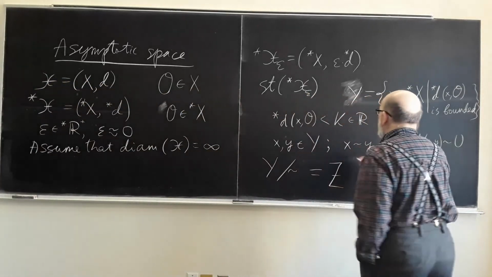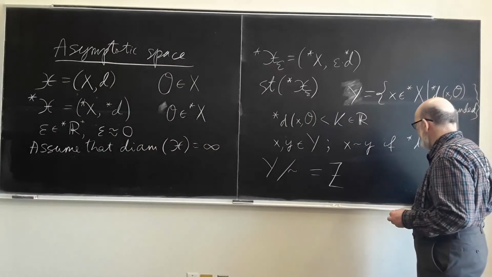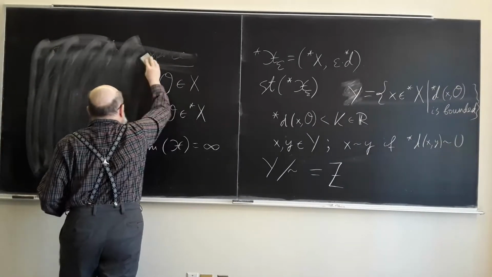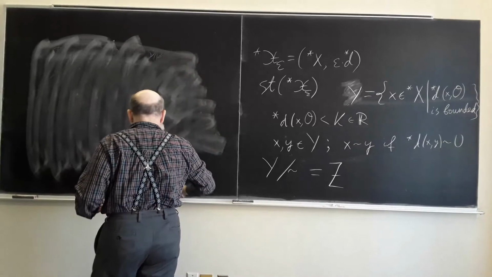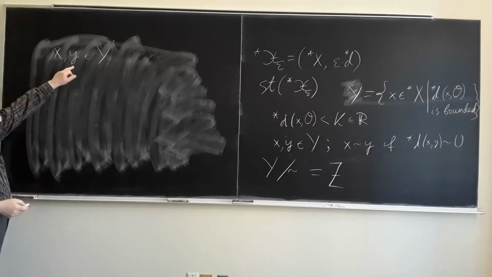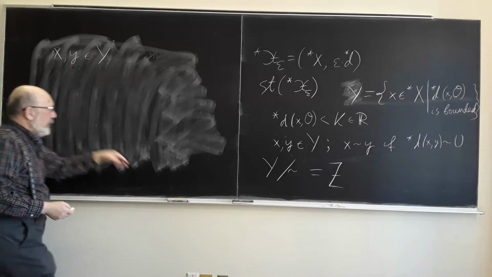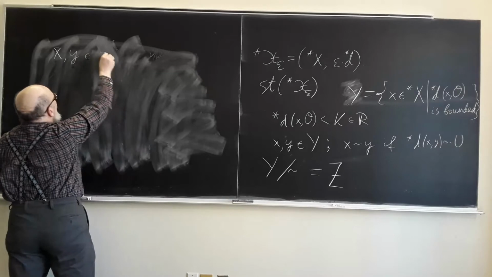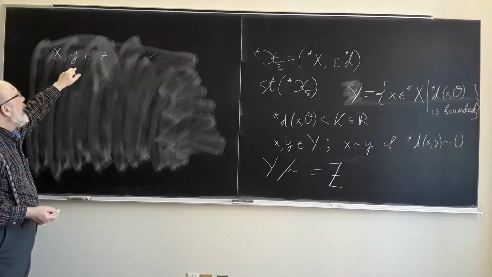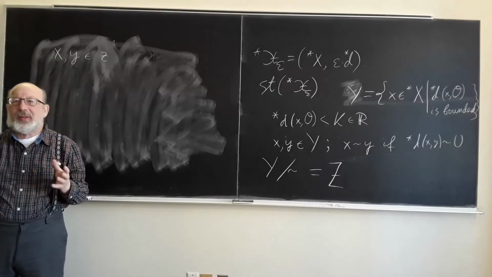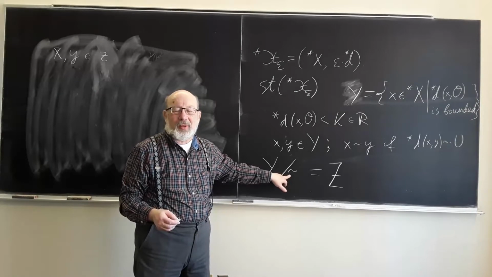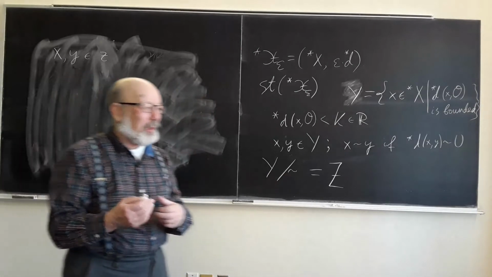Now, these are X, Y, and Z. In fact X and Y are equivalence classes relative to this relation of being infinitesimally close, so to say, being in one monad.